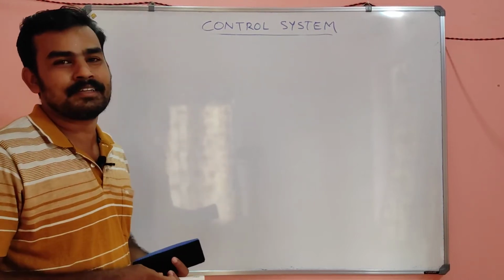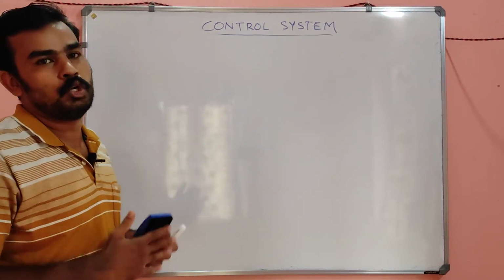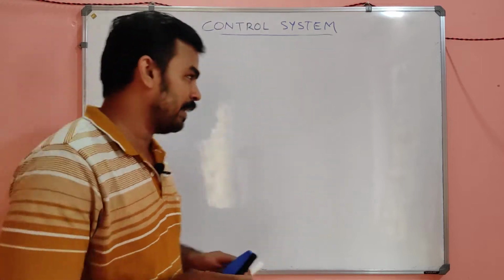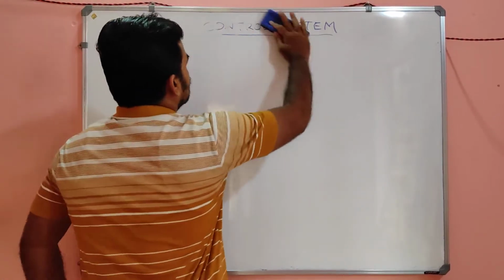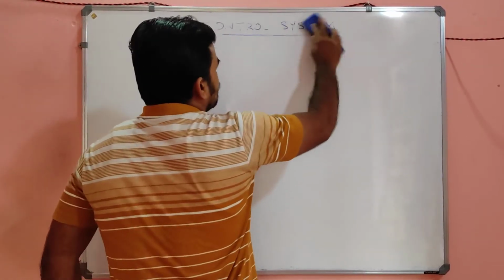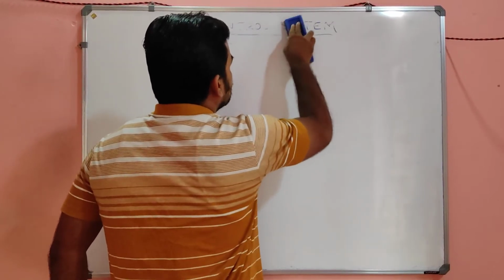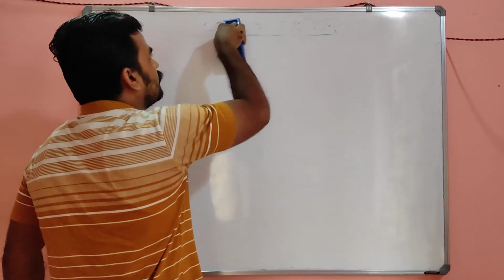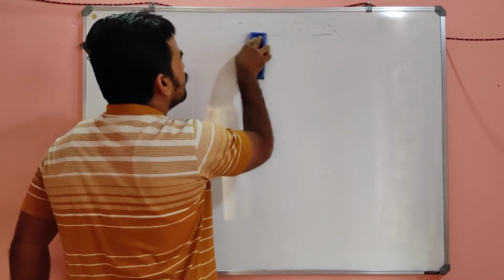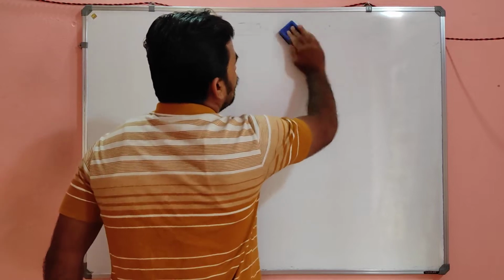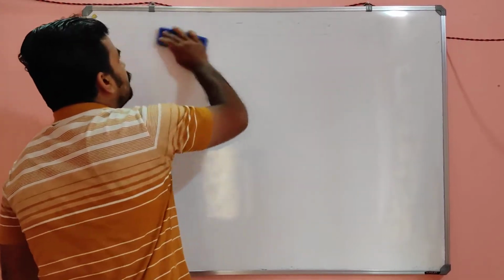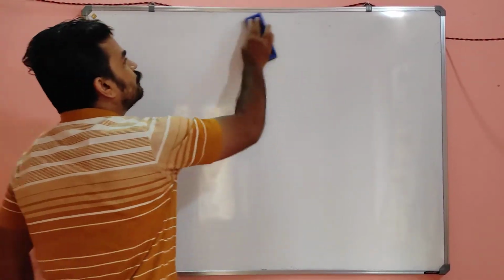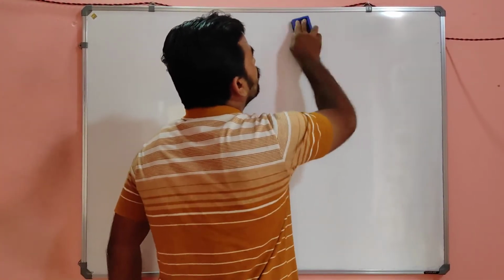It is in your syllabus, so I am going to complete that topic now, and after that we will move to power system. This is not under the control system, it's under circuit theory, so I will put these videos in the circuit theory playlist.